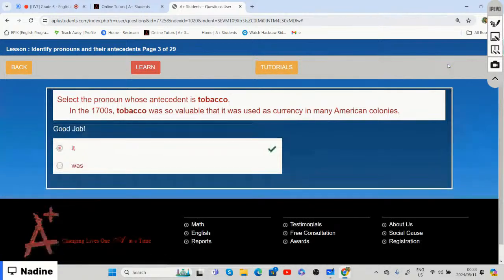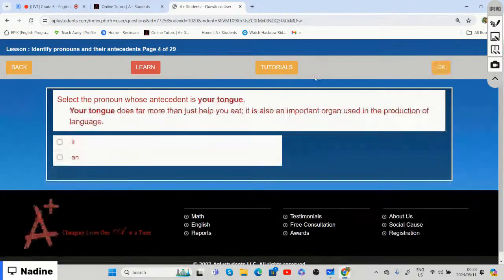So it is correct. We need to select the pronoun whose antecedent is your tongue. It says your tongue does far more than just help you eat. It is also an important organ used in the production of language.